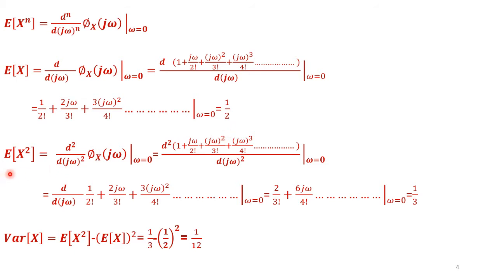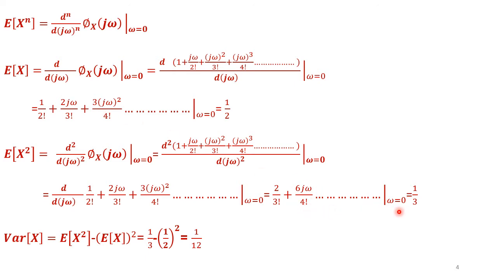To find the expectation of x squared, n is equal to 2. That means I have to differentiate the characteristic function twice. I have already differentiated it once, so now I need to differentiate it once again. When I differentiate once again, the first term vanishes. The next term will be 2 divided by 3 factorial, then 6 j omega divided by 4 factorial, and so on.